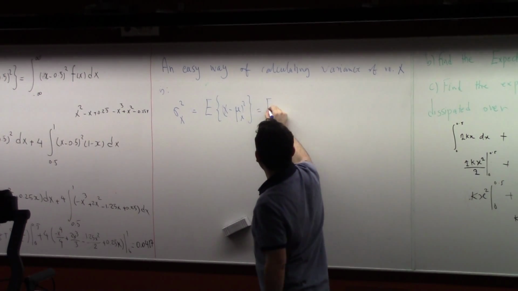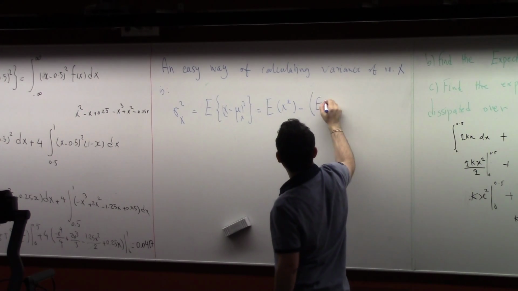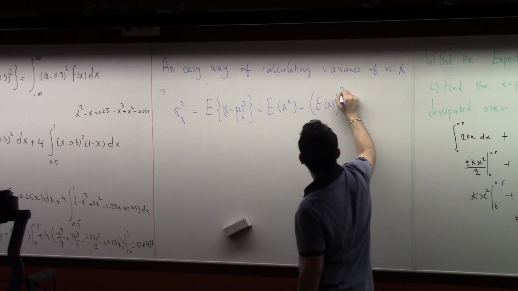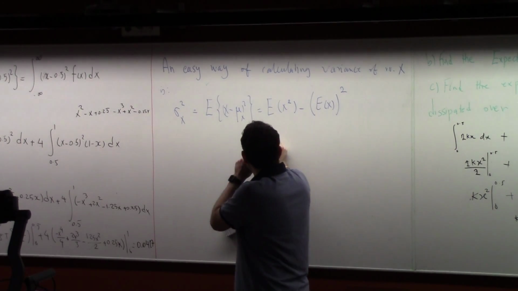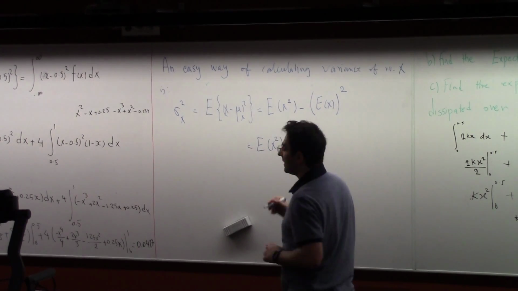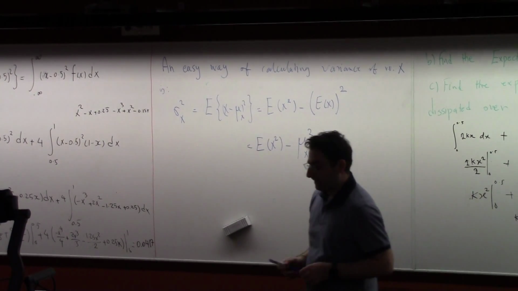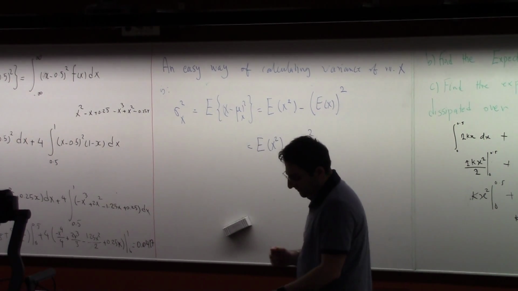Which is the expected value of x squared minus mu of x squared. And if you use it, you will see that you get the same results.